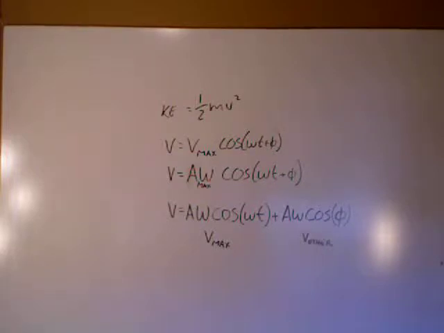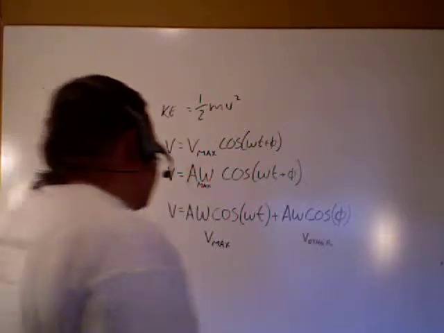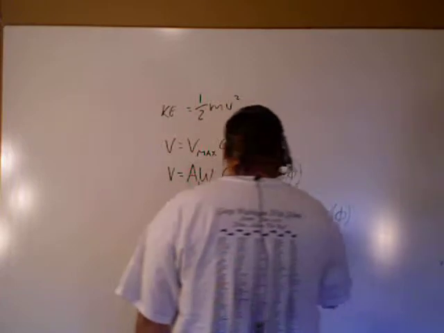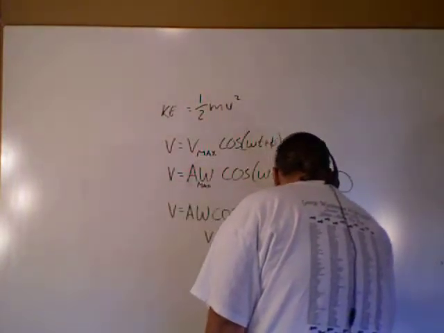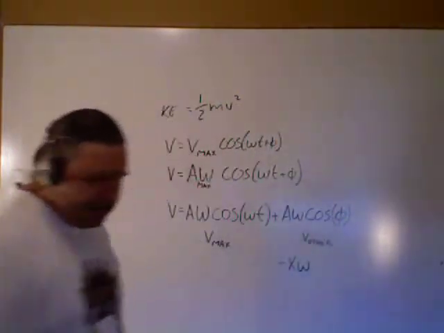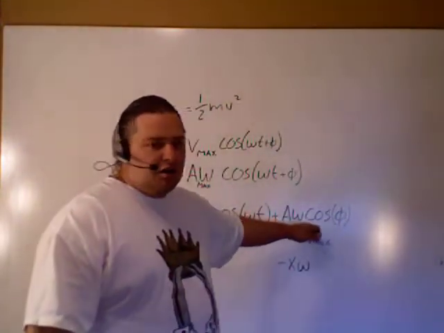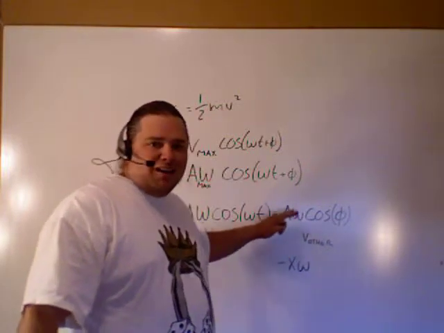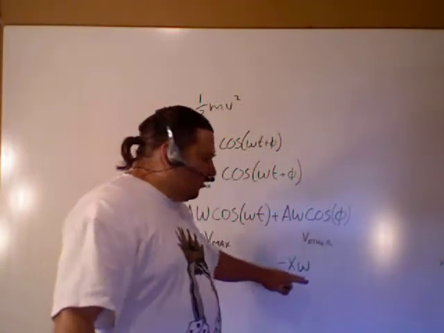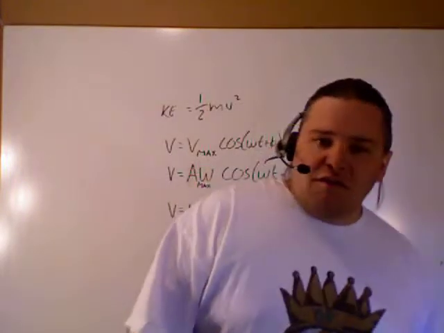I want position. So it turns out that this relationship is going to work out to be negative x omega. I'm shifting my cosine to a sine, and that's going to give me not an amplitude, but a given position at that point. So I'm just going to go with this negative x omega.